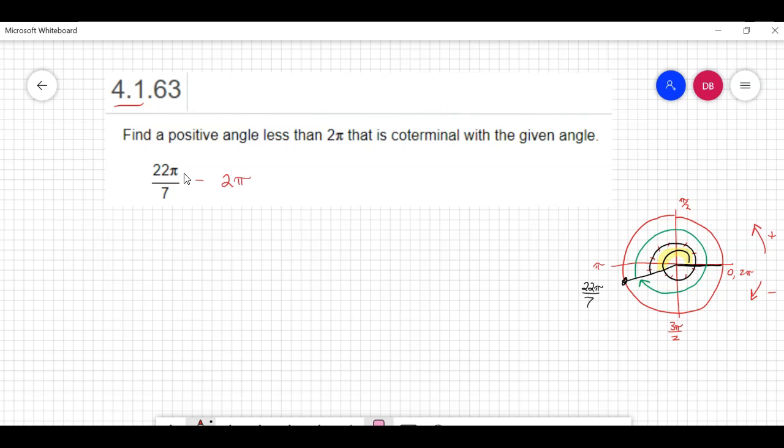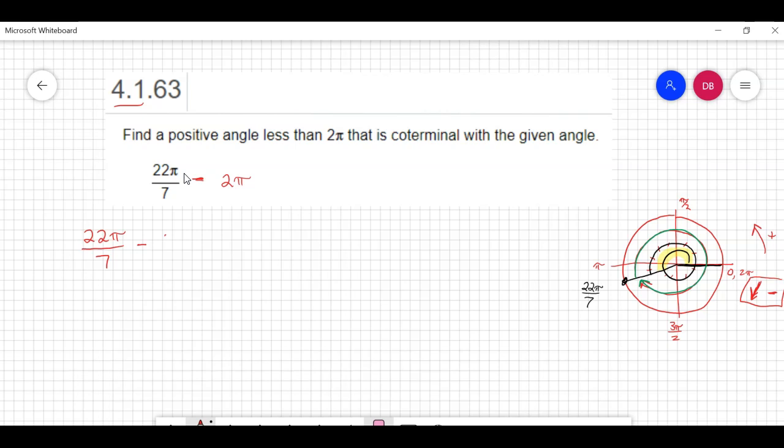So 22 pi over 7 minus 2 pi, I need to get a common denominator. By the way, I'm subtracting 2 pi because I'm moving clockwise, and that's a negative angle. 2 pi is a full revolution, so I'm going back one whole revolution, kind of unwinding to get within that 0 to 2 pi range.